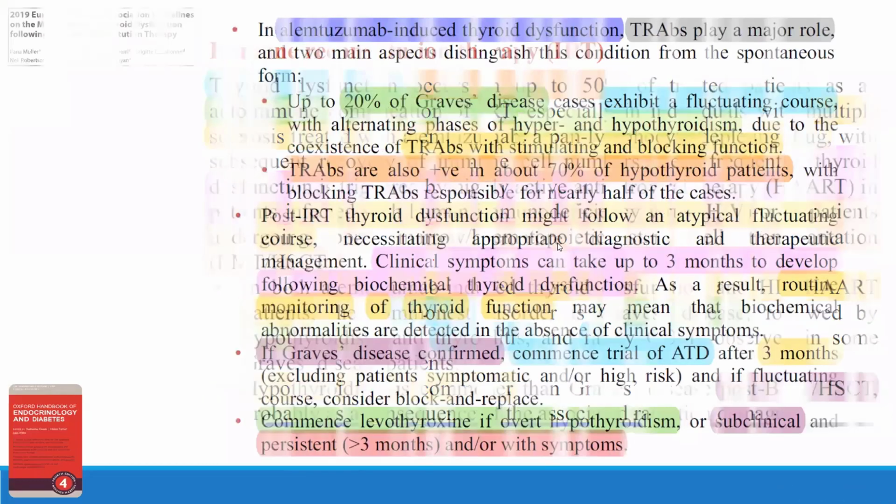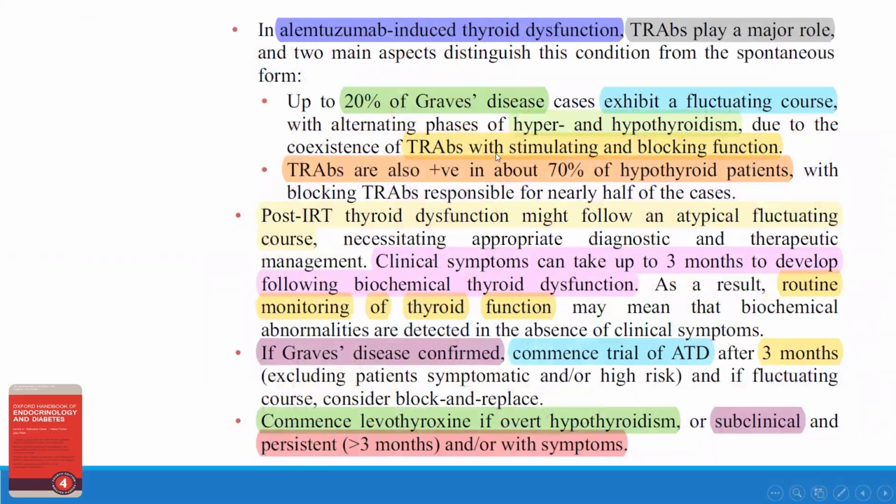So if we suspect Graves' disease, we should do TSH receptor antibody, and if it is a thyrotoxic patient, this is a stimulating antibody, which is positive in about 70% of patients, while in hypothyroidism it is a blocking antibody.